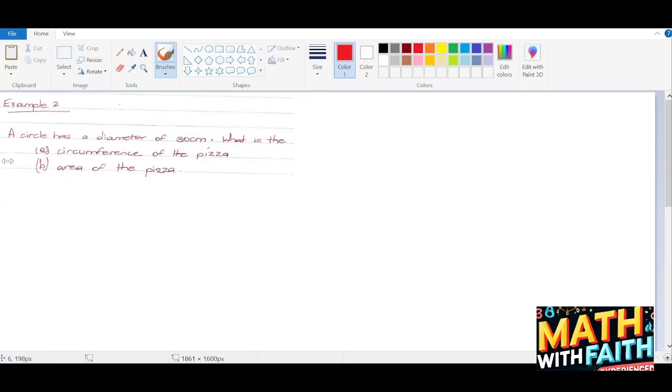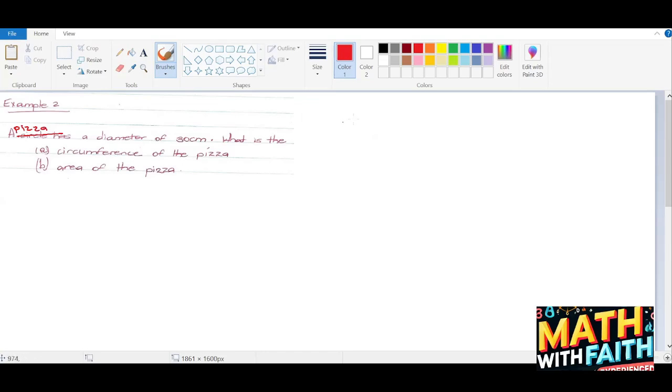Okay, so this example should say a pizza has a diameter of 30 centimeters. What is the circumference of the pizza and what is the area of the pizza, right?